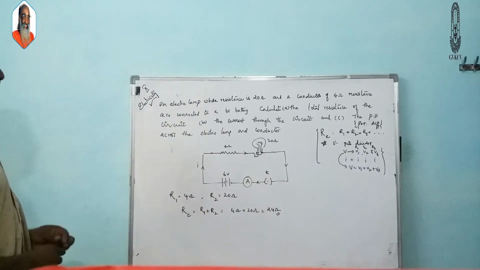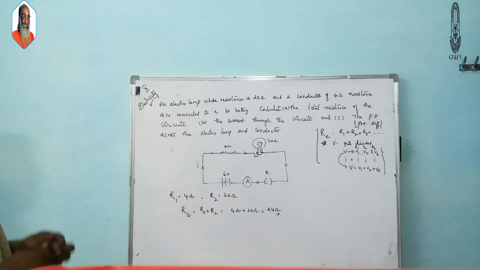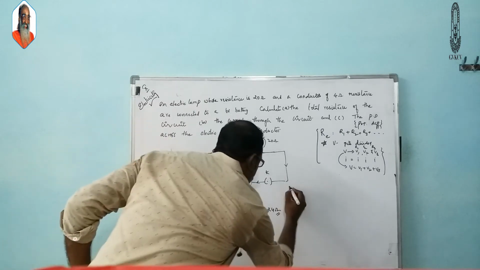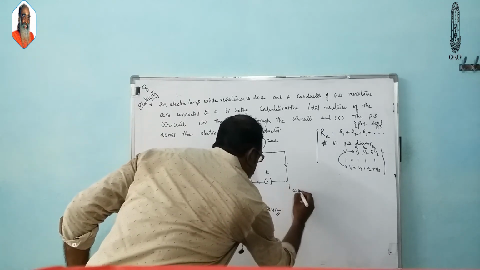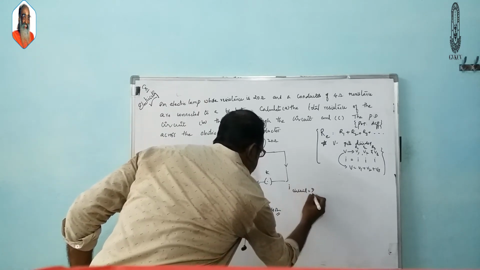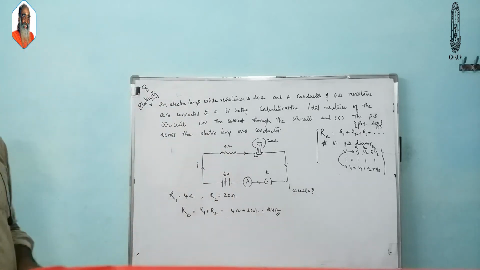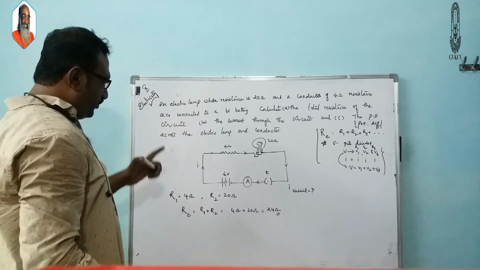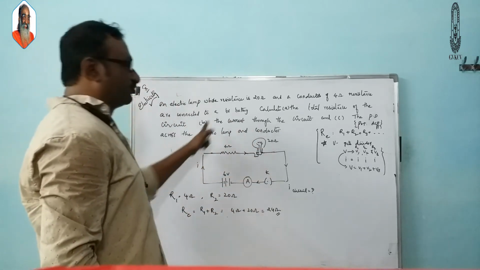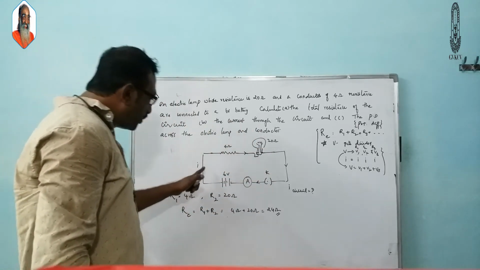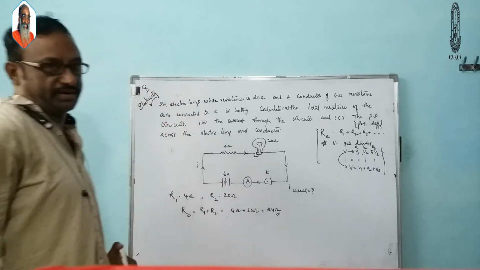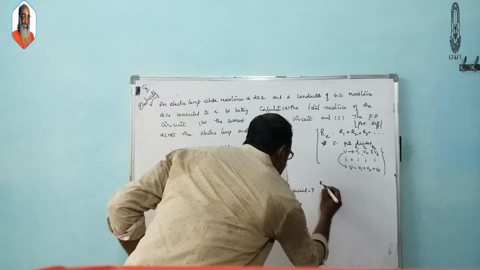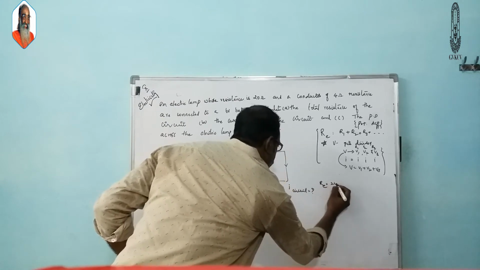Now coming to the second one, the current through the circuit. What will be the current through the circuit? So I in the circuit is how much? For finding I in the circuit, we need the total resistance of the circuit and the potential difference provided by the battery. What is the total resistance in the circuit? So R effective is equal to 24 ohm.